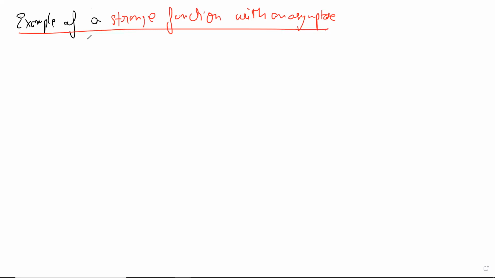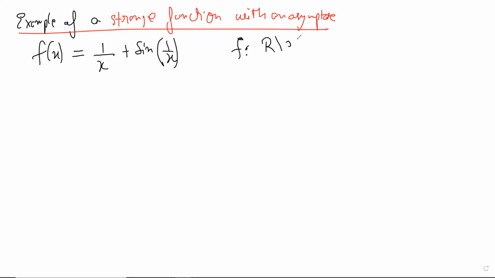Let me just write the question. Here you have f(x) equals 1 by x plus sine 1 by x when x is not equal to 0. It is not defined at x equal to 0, so it is fine. You can say that this function is from R minus 0 to R. Find the asymptotes.